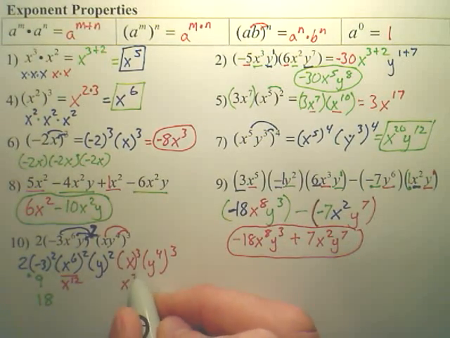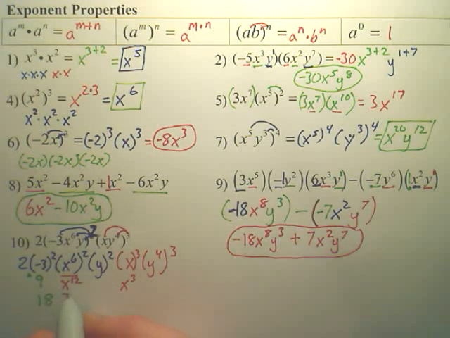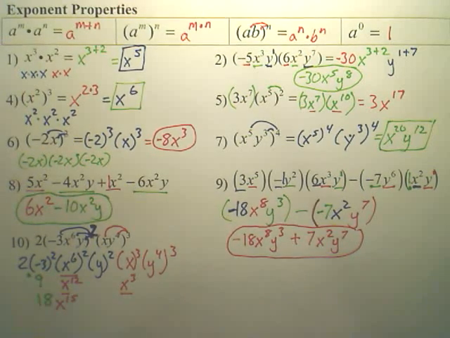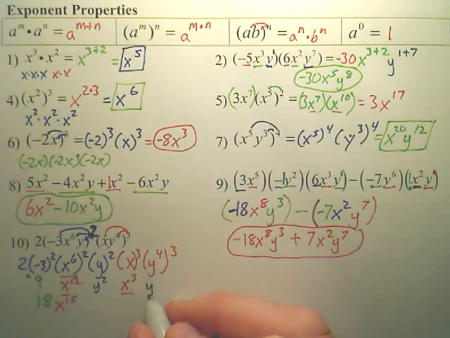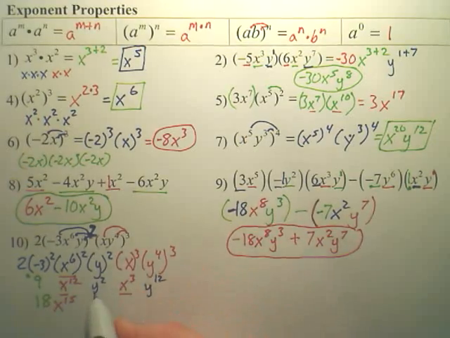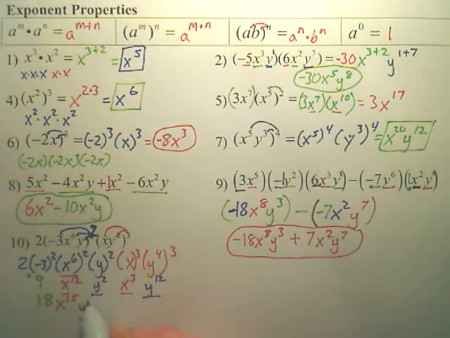And isn't this going to be x to the 3rd? So when you combine x to the 12th and x to the 3rd, doesn't that give me x to the 15th? And lastly, isn't this y squared, and isn't this going to be y to the 12th? And we combine these two, don't we get, what, 2 plus 12 is y to the 14th?